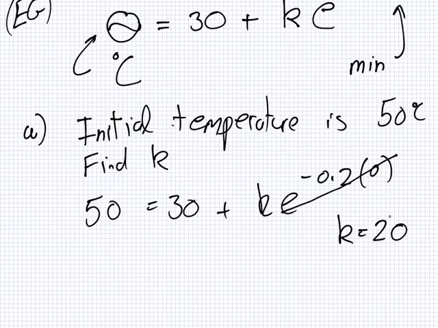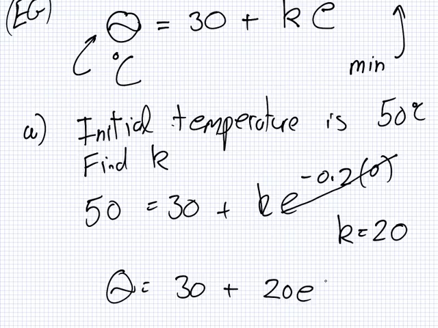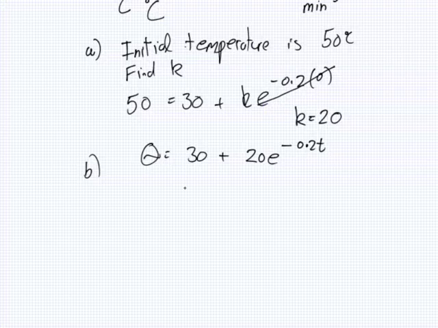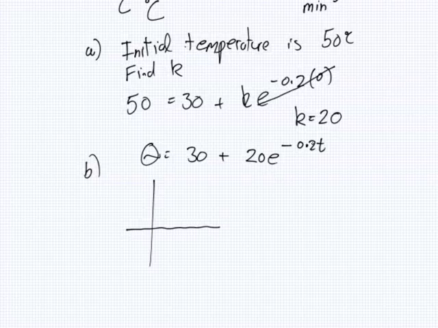So if I just scroll down a little bit, we get theta equals 30 plus, what did I say k was? 20 e minus 0.2 t. Now part B, we'll want to make a graph of this. Which type of graph is this? Well, this is the one when A is positive and B is negative.